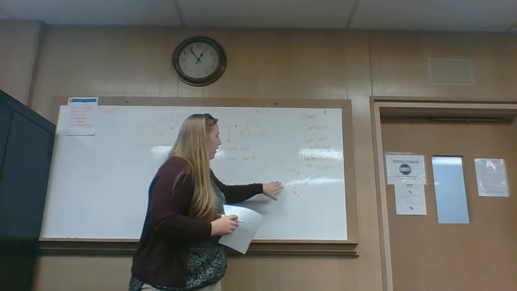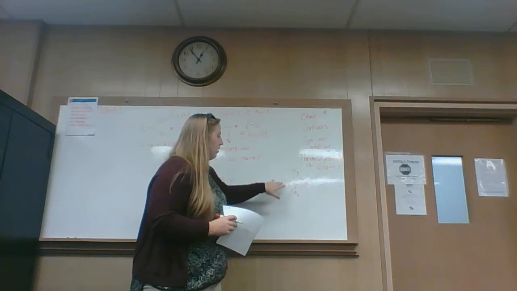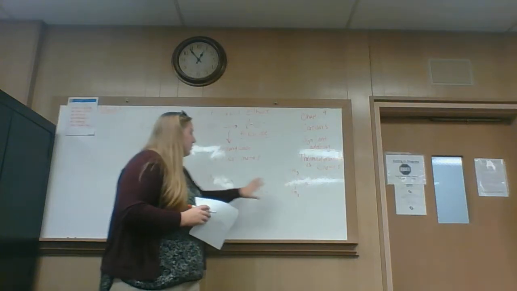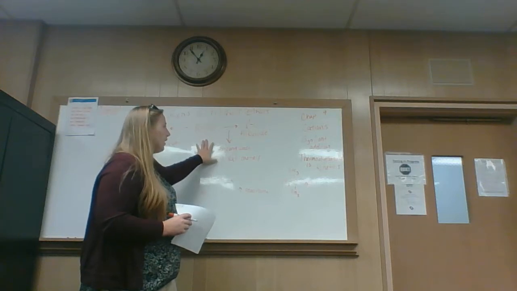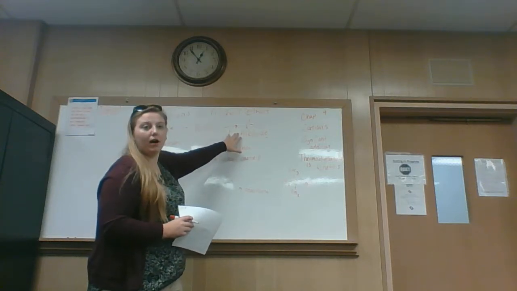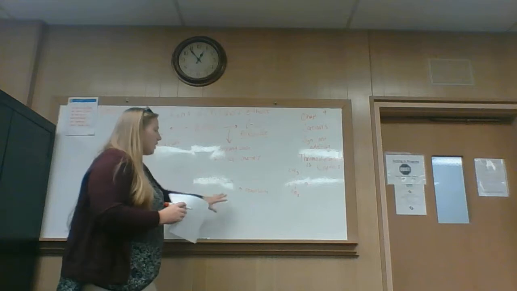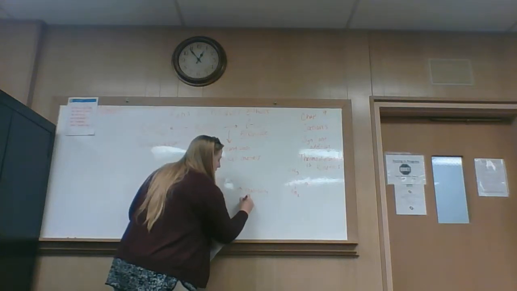Here we have a tertiary alcohol. The fewer carbon groups you have, the more quickly the alcohol will react, and the more quickly you'll form your alkoxide ion. Okay? This has to do with steric hindrance.